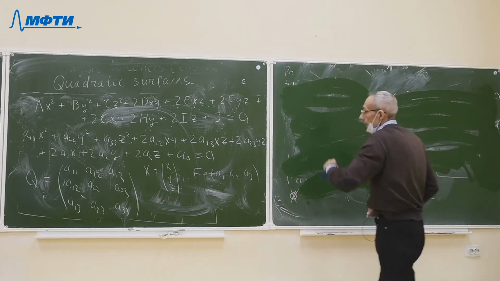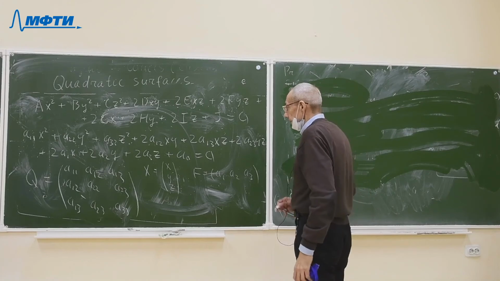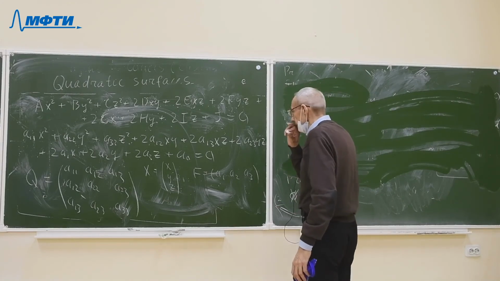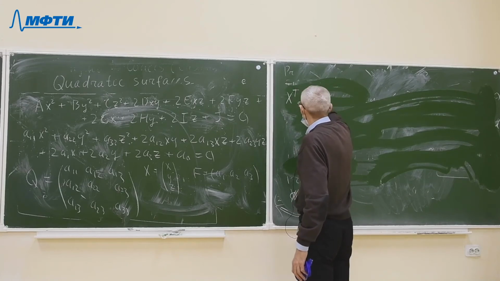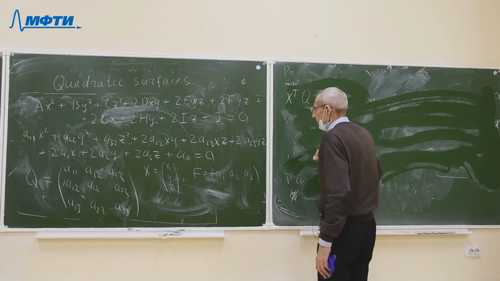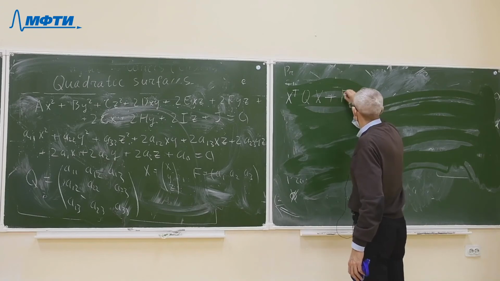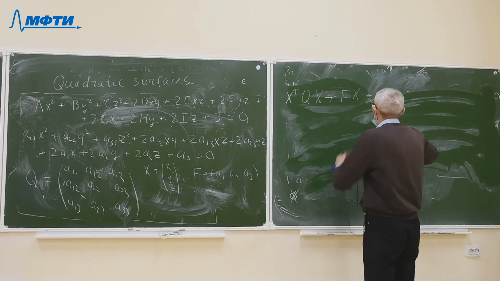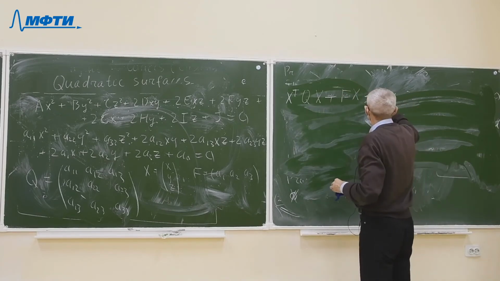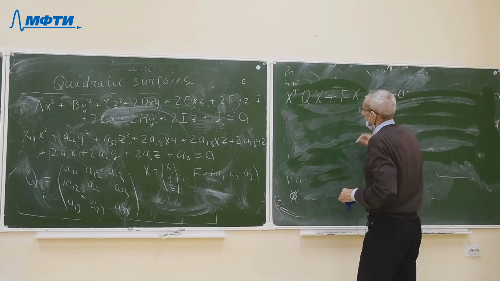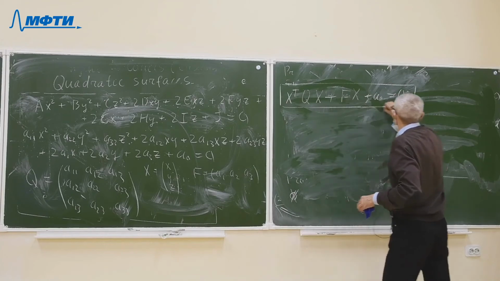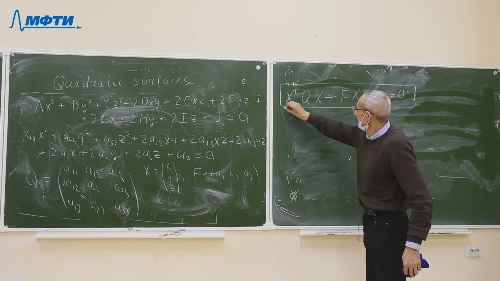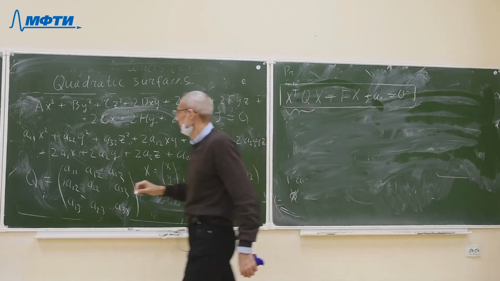Namely, X transpose Q X plus f X plus A0 is equal to 0.